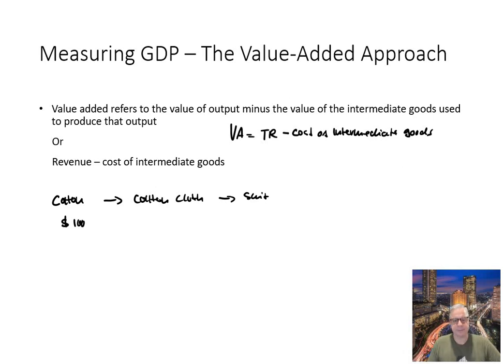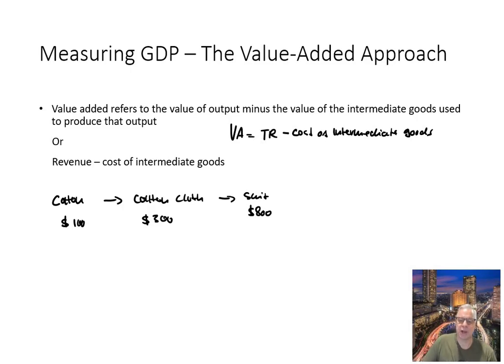Then the cotton cloth company buys the cotton for 100 and converts it into cotton cloth, which then sells for 300. So now the cotton cloth is being sold for 300 to the suit maker, and the suit maker turns it into a suit of, let's say, $800.